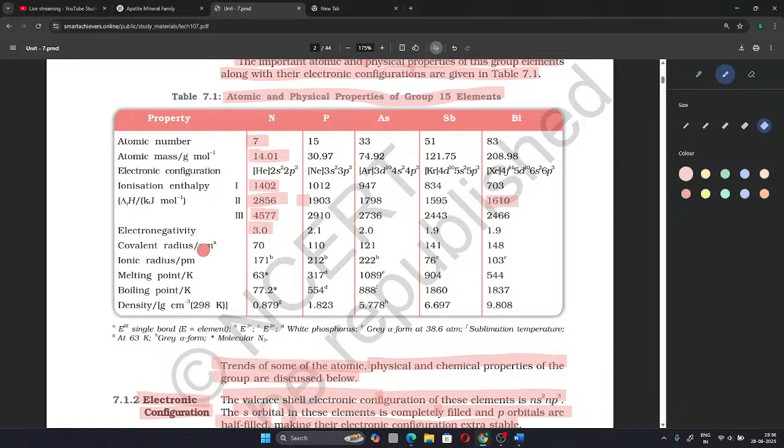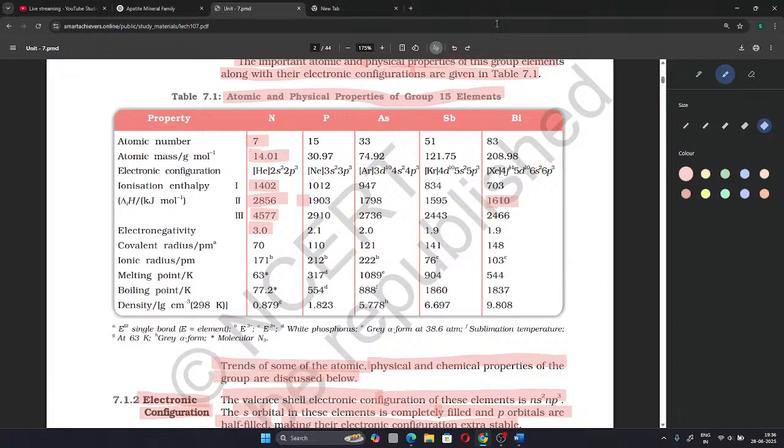This enables them to show +3, or they can gain 3 electrons to have a completely filled p subshell. In such a case also stability is acquired, so they show +3 and -3. They can also show the +5 state because there are ns2 electrons, 2 electrons in the s subshell. These can also be donated. These act as a lone pair of electrons.